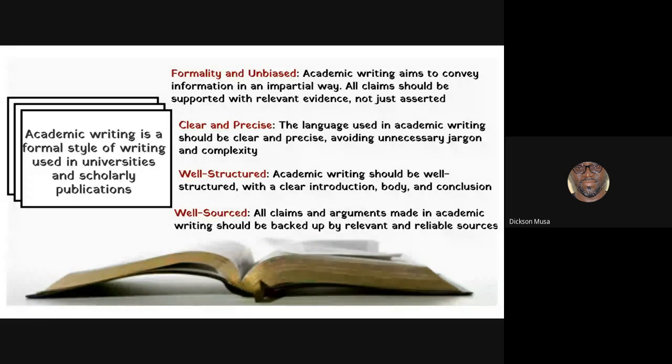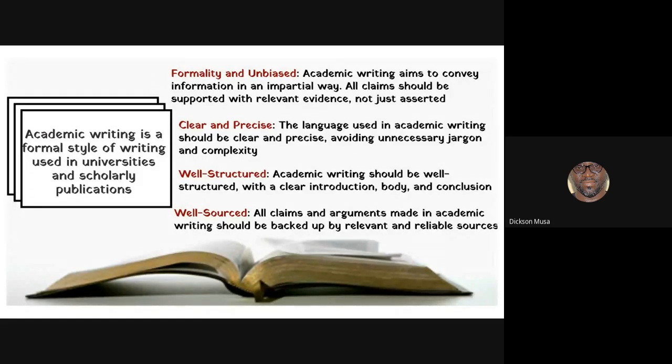Academic writing aims to convey information in an impartial way. So when you make any claim in an academic writing, you must support it with relevant evidence. You don't just assert. It's not like a law court where you say, I put it to you that this is this. No, you must have relevant evidence to support any claim you make.